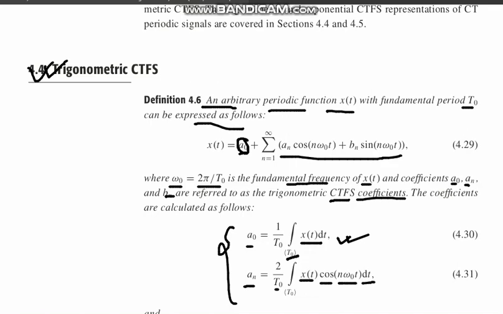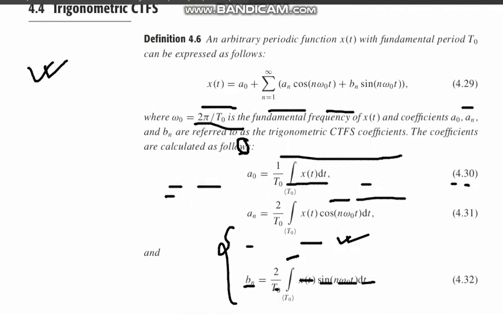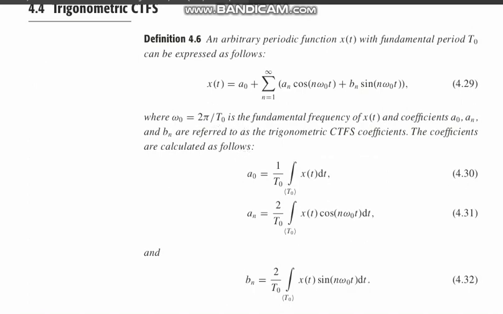Those are the two equations that are very important to find the coefficients for the CTFS, or continuous time Fourier series. Another thing is how bn will be calculated. So you have to find three coefficients: first a naught, then a n, then bn.